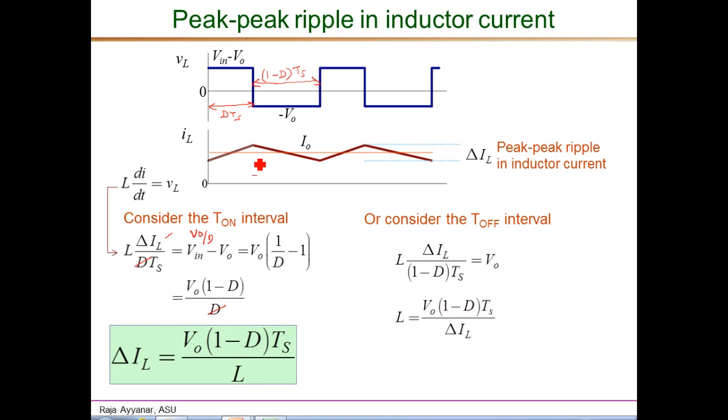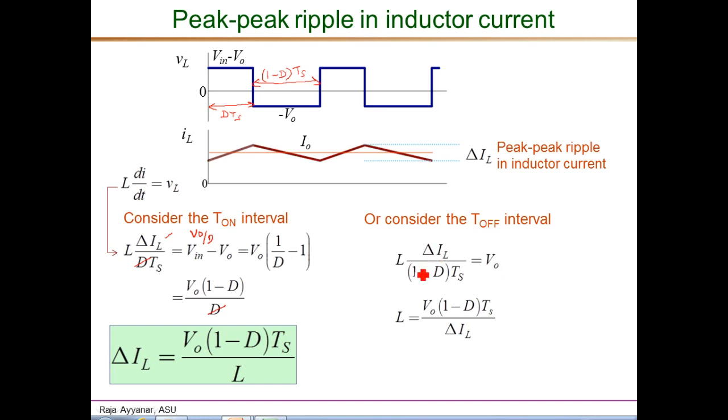And if we consider the off interval, then again substituting the correct quantities in this expression, here is L as it is, the total change in the current again by definition is delta IL, and this duration is 1 minus d times Ts, as shown here. And during this period, the inductor voltage, at least the magnitude, is Vo, and that comes here.